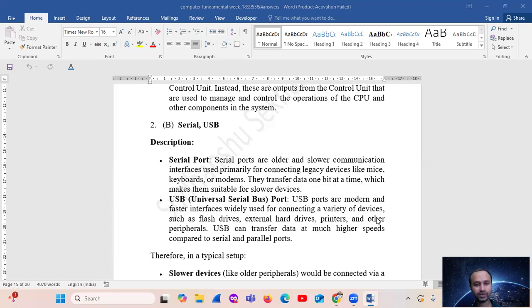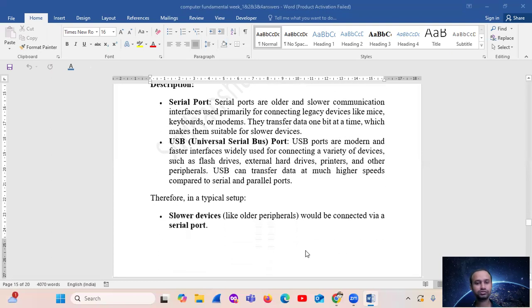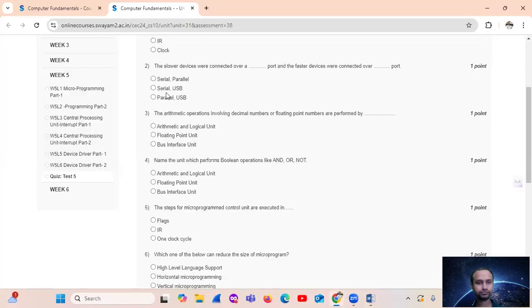That are modern and faster interfaces widely used for connecting a variety of devices such as flash drives, external hard disk drive, printer, and other peripherals. They transport data at much higher speeds compared to serial and parallel ports. So slower हो जाएगा serial port and faster हो जाएगा USB, that is option number B.